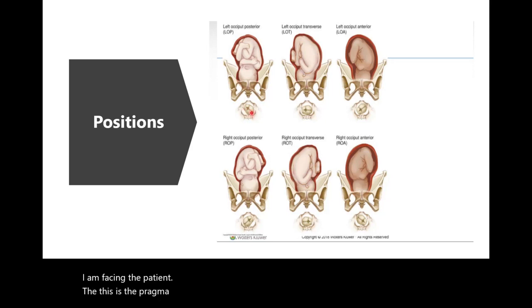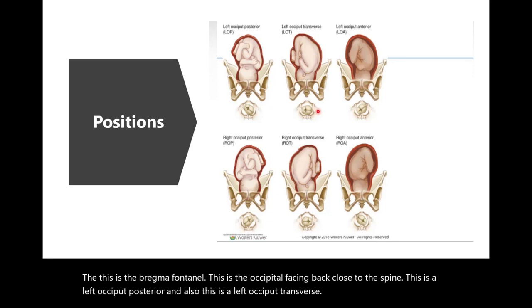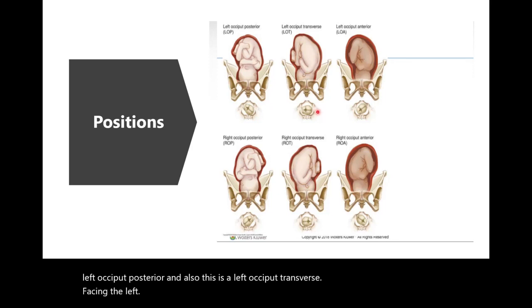This is the occipital facing back, close to the spine. This is a left occiput posterior. And also, this is a left occiput transverse, facing my left side.